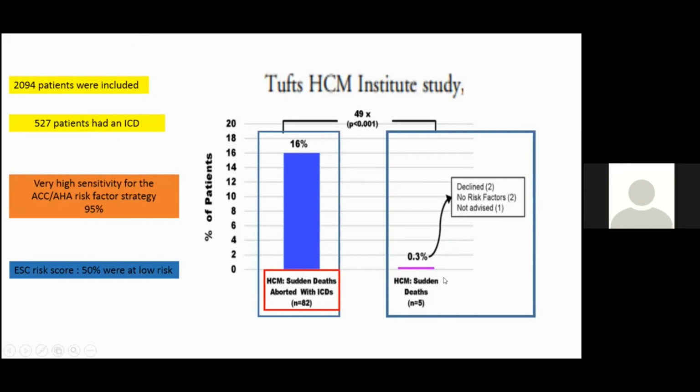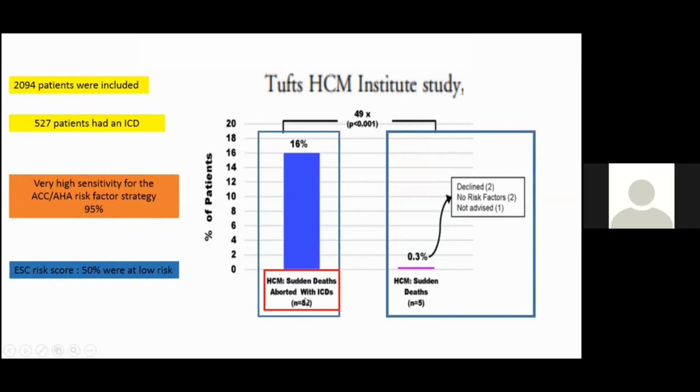And in the population of patients who have been excluded from ICD placement, only 5 patients have had sudden cardiac death, which means that the American risk score has allowed us to avoid 82 deaths out of 87.